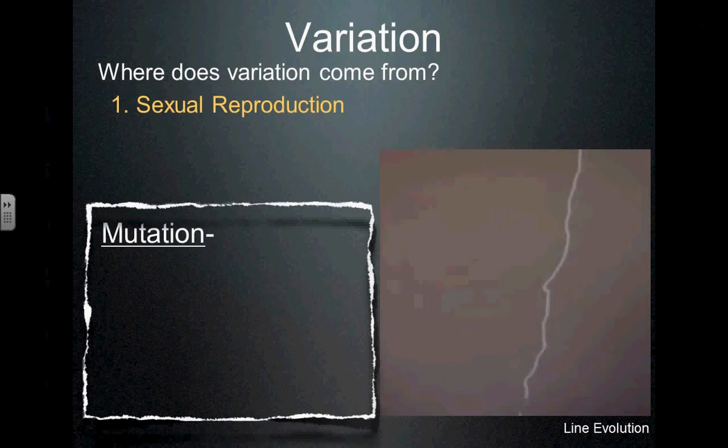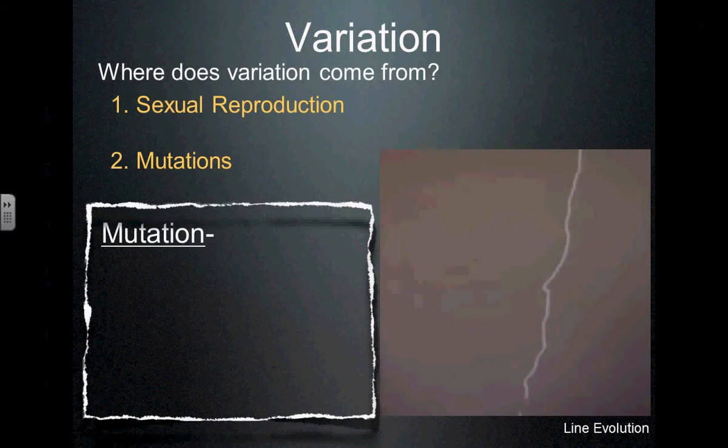Another place is through something we call mutations. Sometimes people get the wrong idea about what a mutation is. You probably think of Teenage Mutant Ninja Turtles or X-Men or something. A mutation is not something that gives a person superpowers. Really, a mutation is just a change in the DNA of a species.